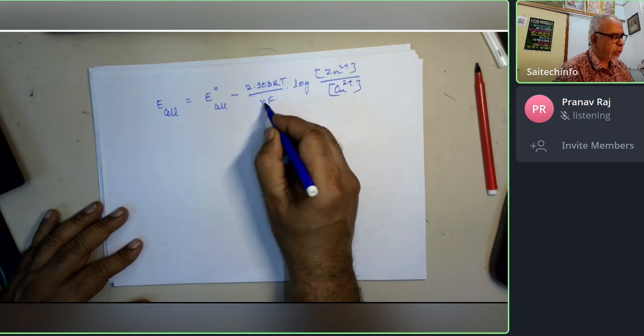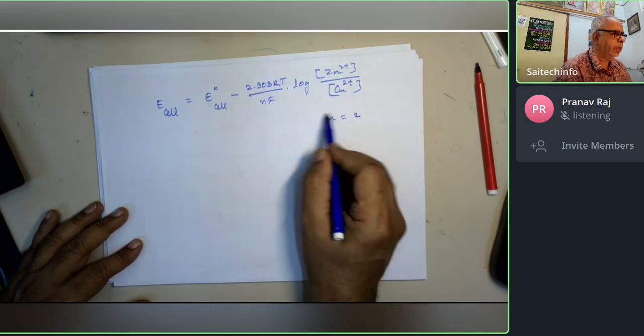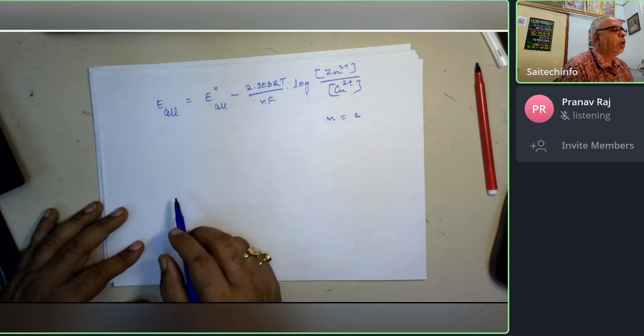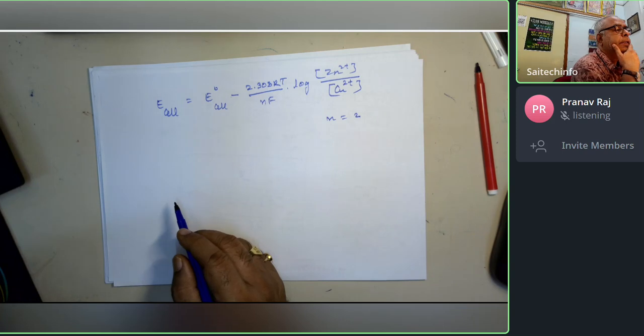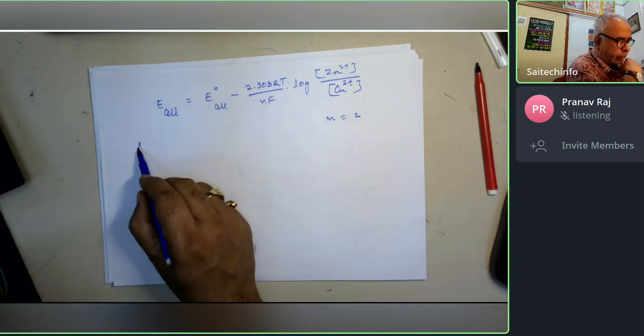Since two electrons are involved, n is equal to 2, so we can replace this by 2 in the next step. And in this case, take down: at equilibrium.